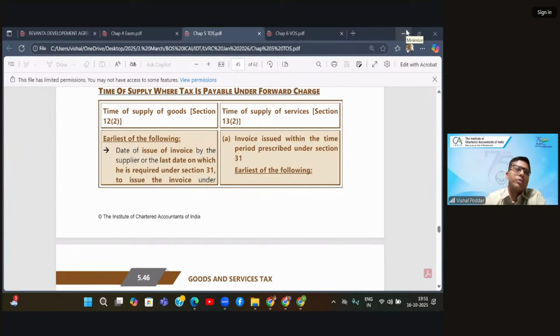Second is continuous supply of service. Now what is continuous supply of service? Similar to continuous supply of goods. Continuous supply of service is where under a contract the supplier will be providing the service on a regular basis, recurring basis, periodical basis. What is the example?